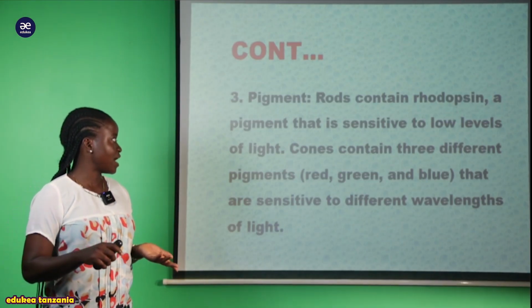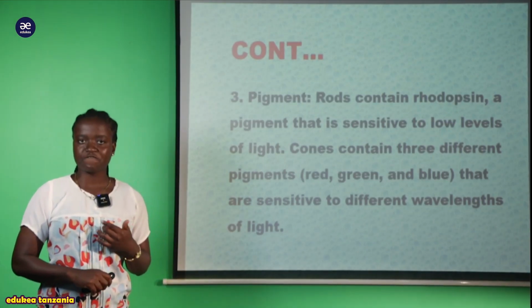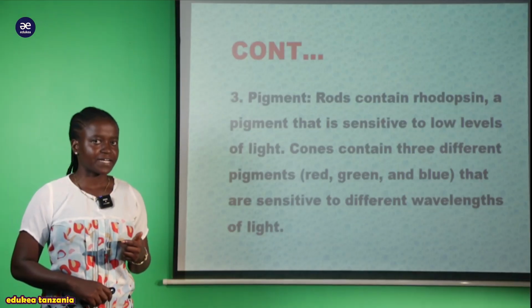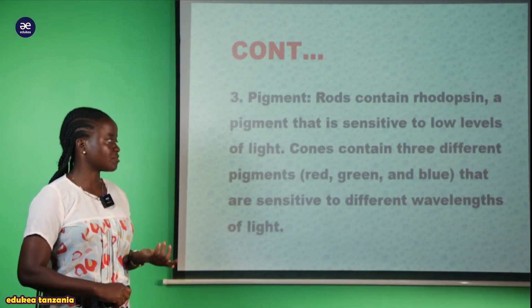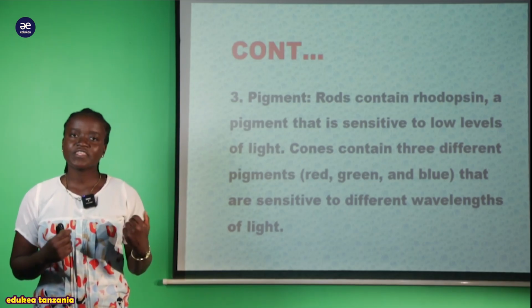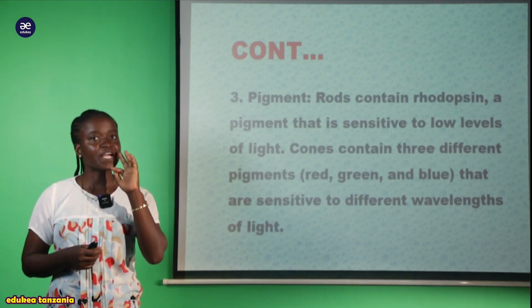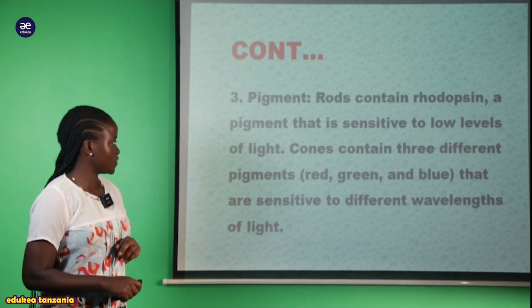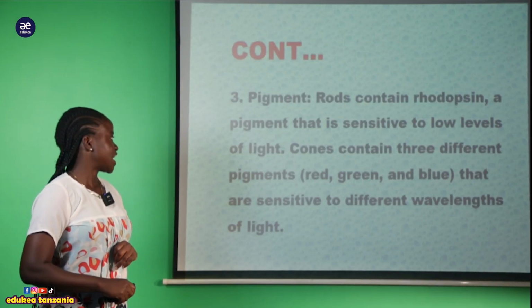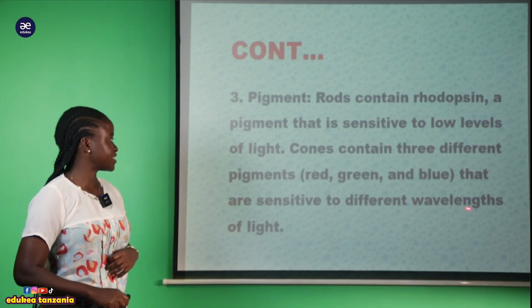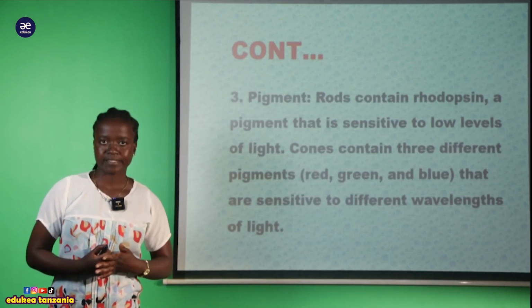But the pigments found in the cones are quite different. The cones contain three different pigments: red, green and blue, that are sensitive to different wavelengths of light.